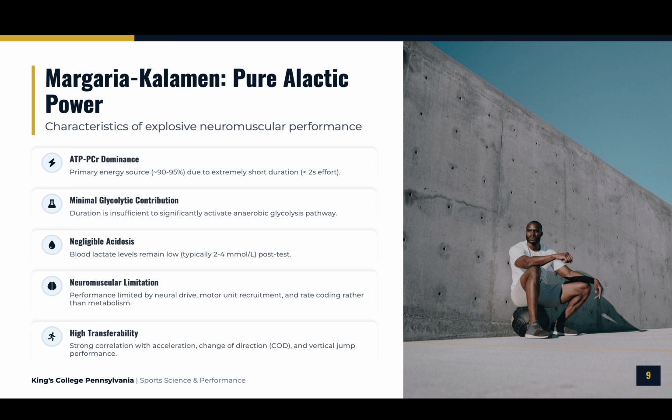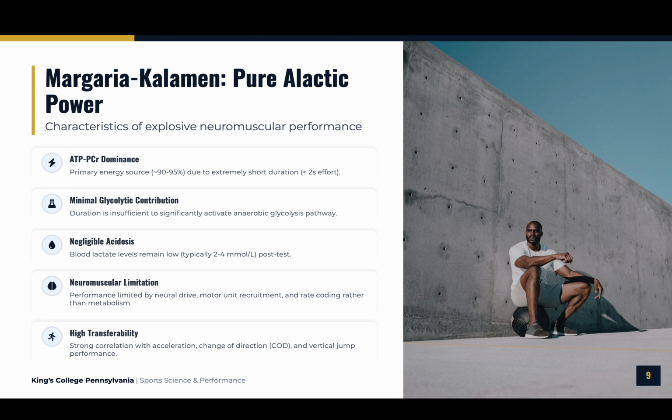Negligible acidosis. The lactate usually remains low, 2 to 4 millimole per liter post-test. There's neuromuscular limitation. Performance basically is limited by neural drive, motor unit recruitment, and rate coding rather than metabolism.